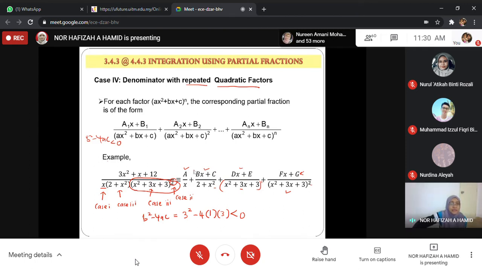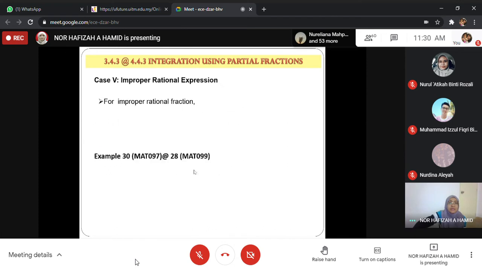Next, last we have case 5. Case 5 is for improper rational expressions. So this is the last. Before this we had case 1 until case 4. All these 4 cases involve proper rational expressions. For a proper one, you can refer back to the definition: the degree of the numerator must be less than the degree of the denominator.